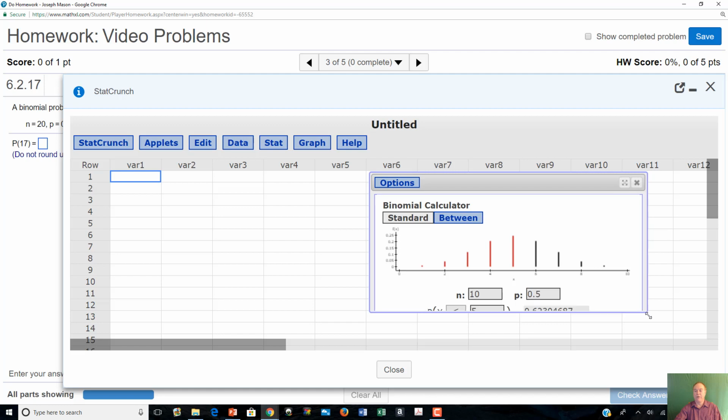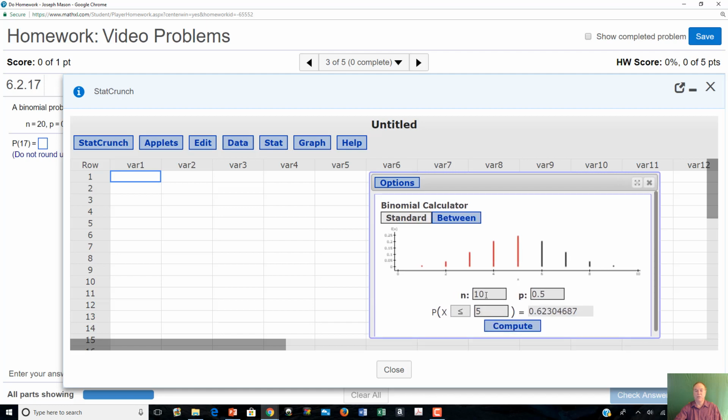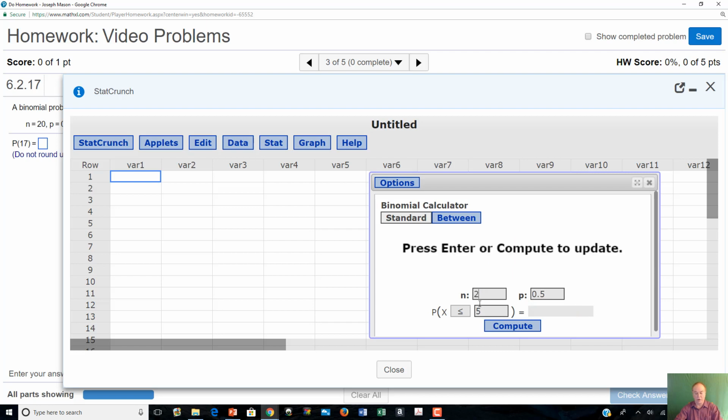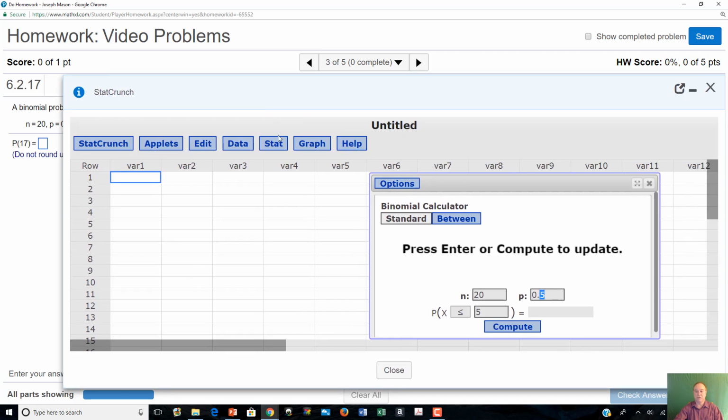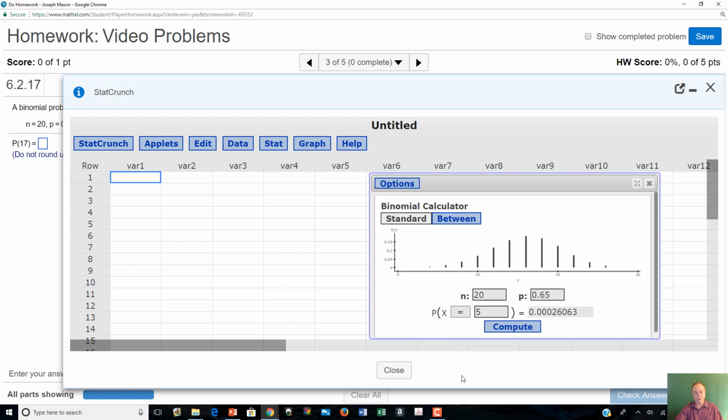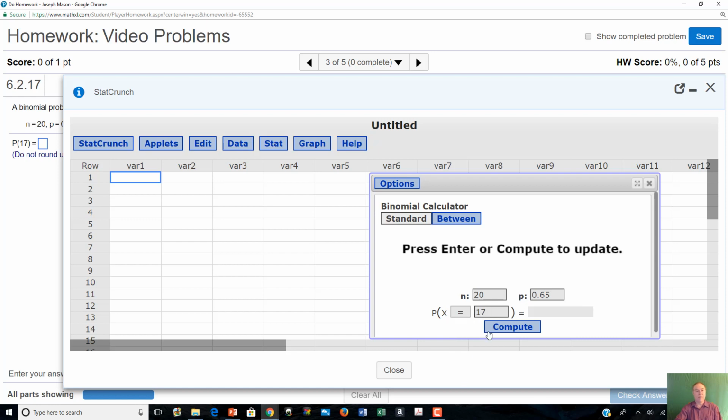Now, what I want to do is put the n value in. n was 20 from my problem. p was 0.65. And I wanted equal to, so I click on the inequality, choose equals, and 17 was my x value.